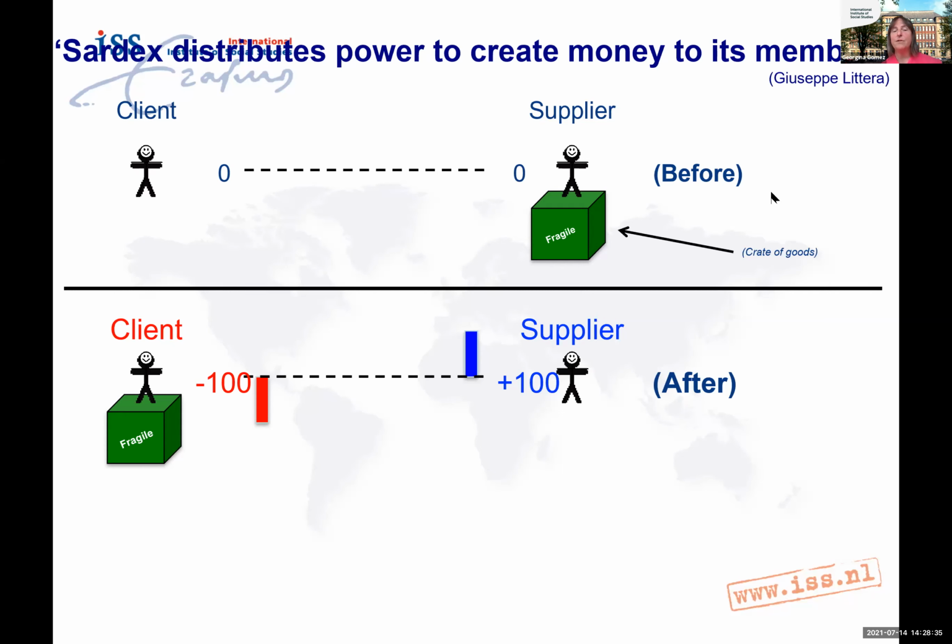Whereas with complementary currencies, if there is sufficient trust, the case of Sardinia is what we call a mutual credit system, the supplier gives this good, this fragile box, to the client, and what happens is that the client will have a debt with the supplier of 100, but perhaps somebody else in the region owes this client 100.